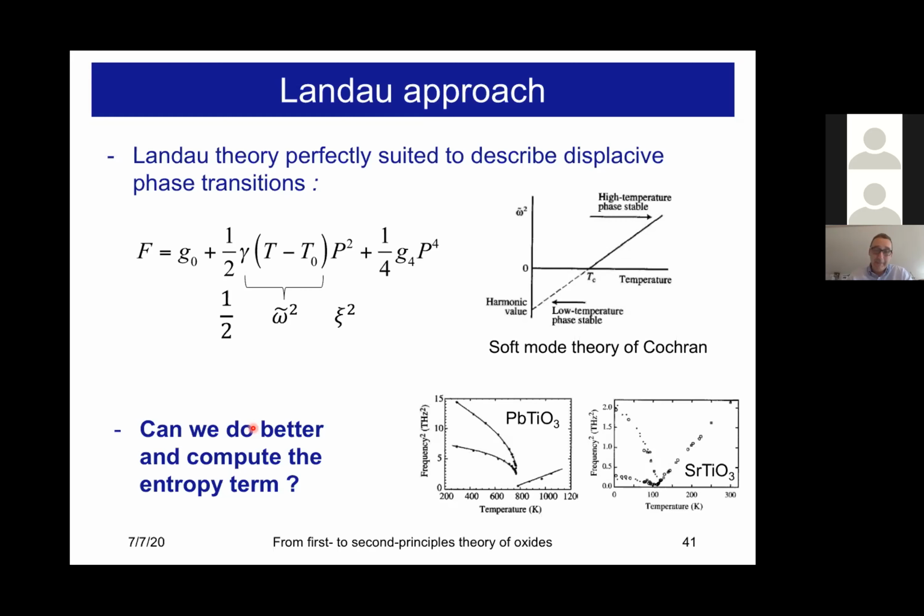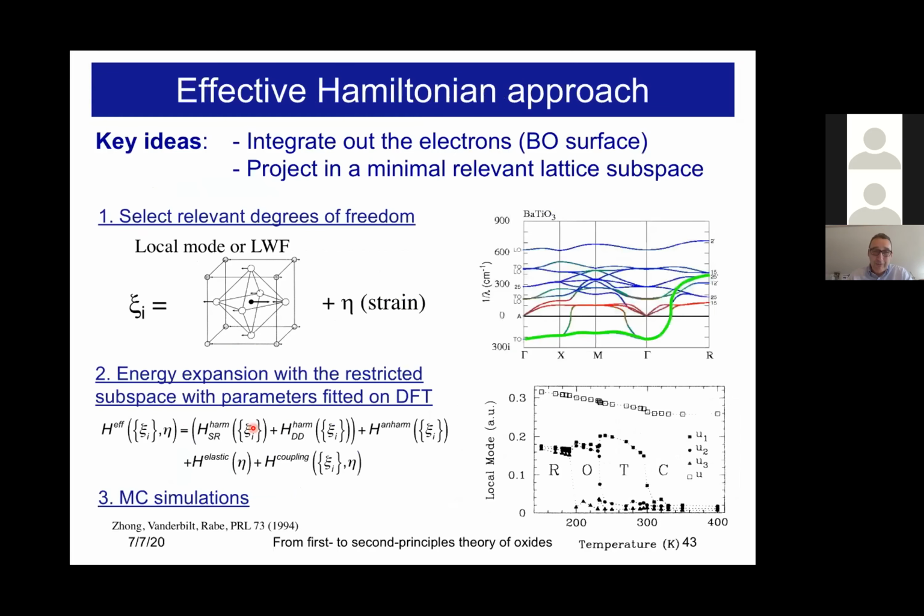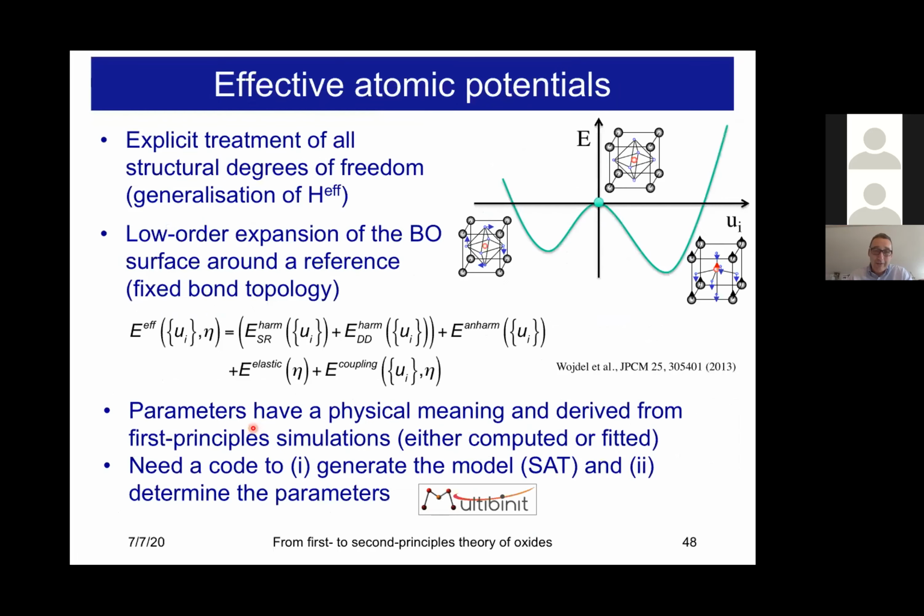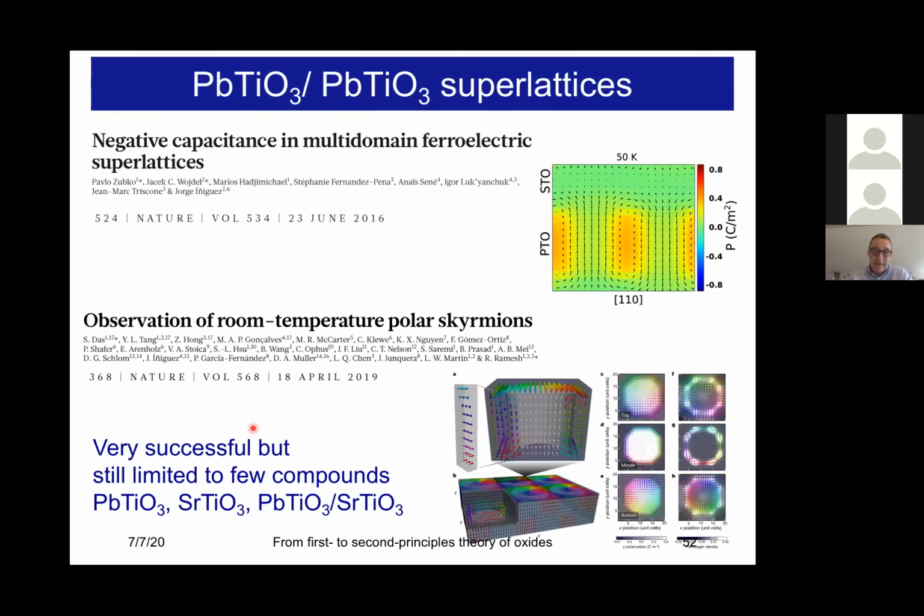Here I mentioned some work, if you can see, but that's not the most descriptive papers of domain wall formations. But they are exploiting what they can do from second principles to predict domain wall formation here in PTO, STO superlattices, just to anticipate the effect of negative capacitance in some superlattices.